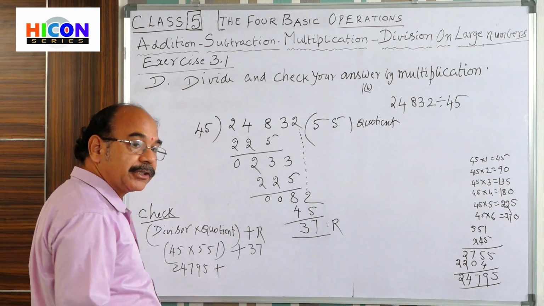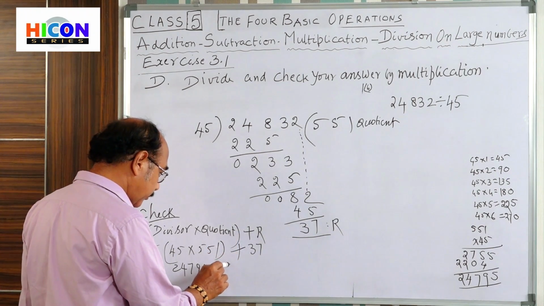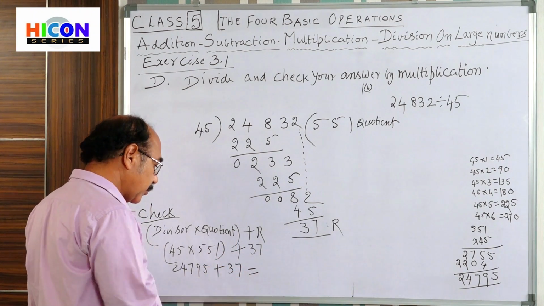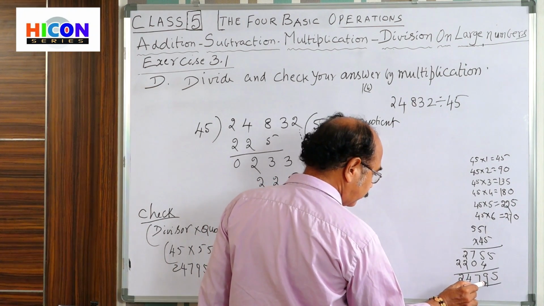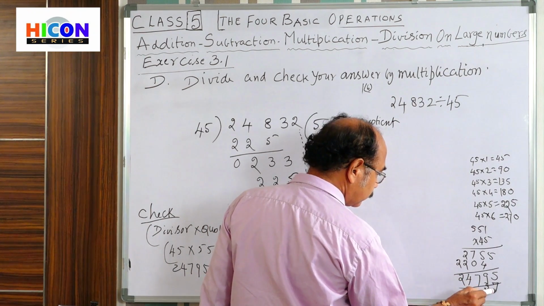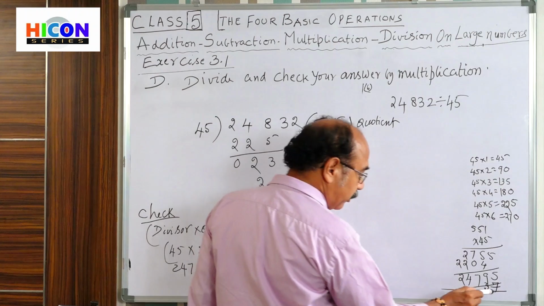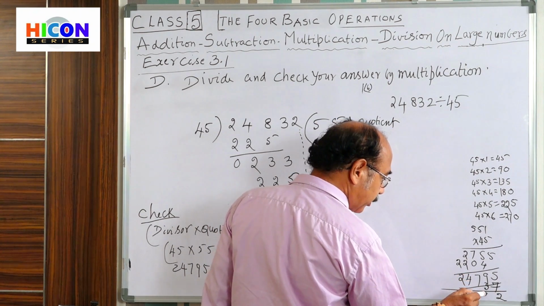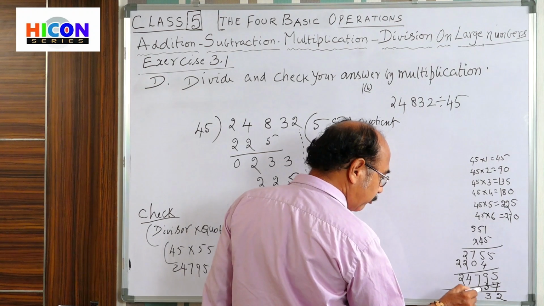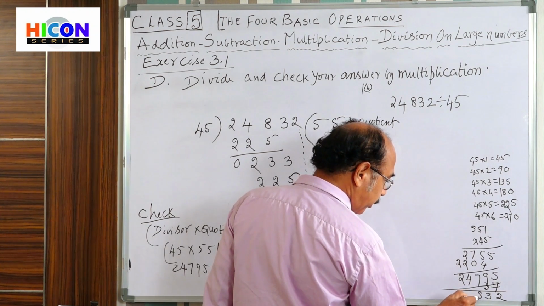To this add 37, the remainder. 7 plus 5 is 12, carry 1. 3 plus 1 is 4. 4 plus 9 is 13, carry 1. 7 plus 1 is 8.